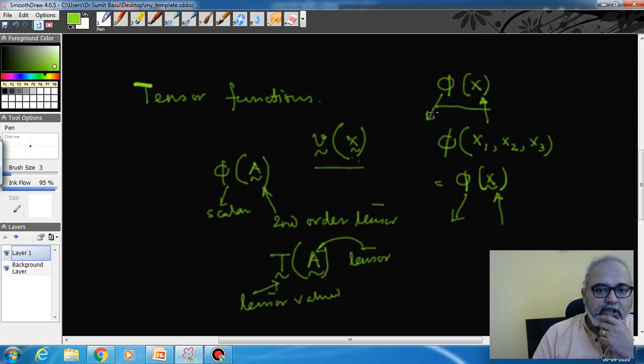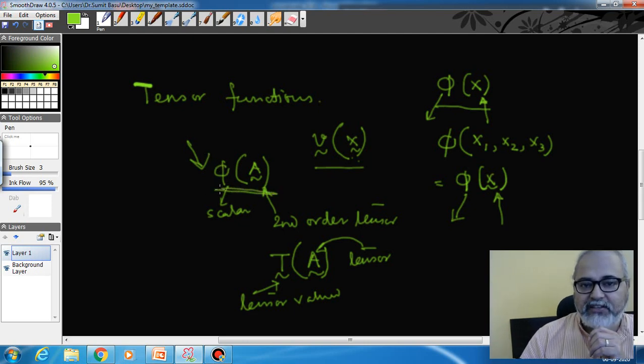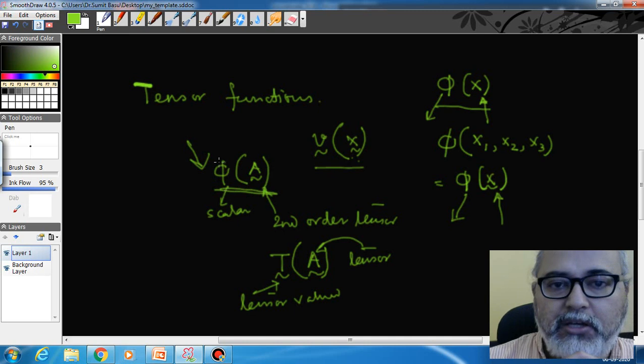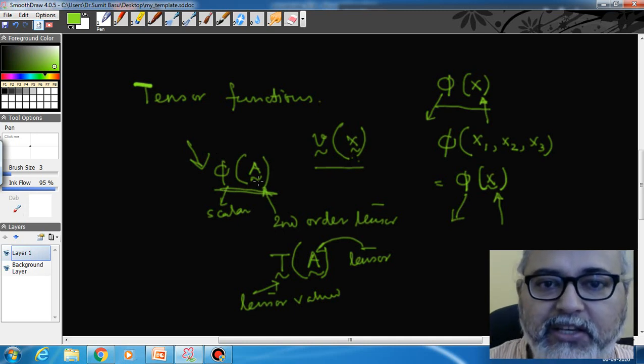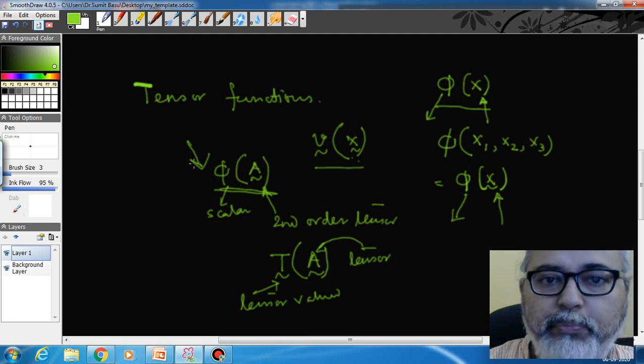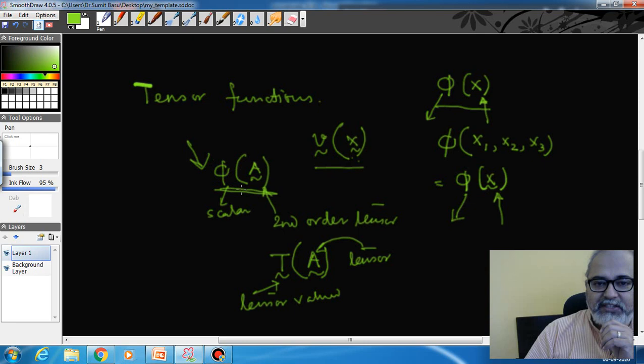Now the question that arises is, how do we look at the variations of this? That means, how do we take derivatives of this? How does phi vary if I change A? So what would be, for example, the derivative of phi with respect to A?